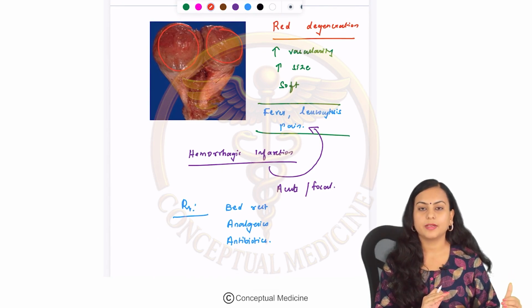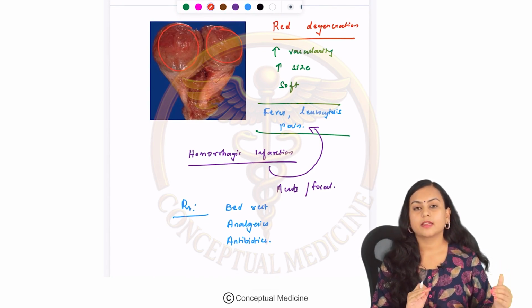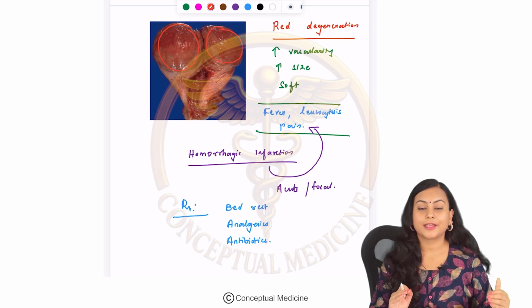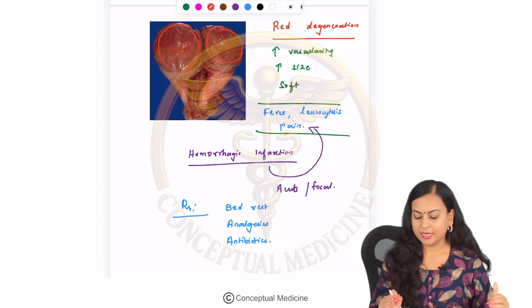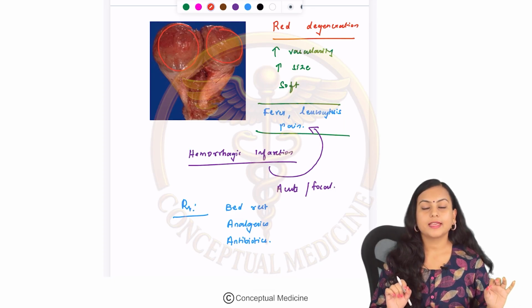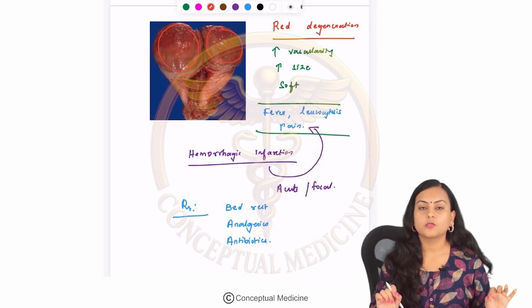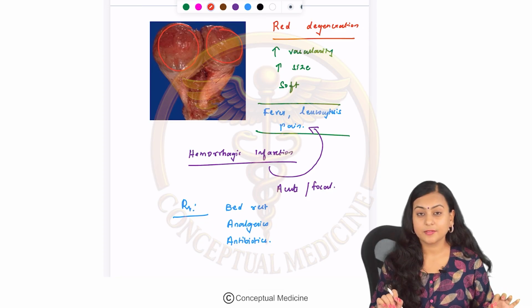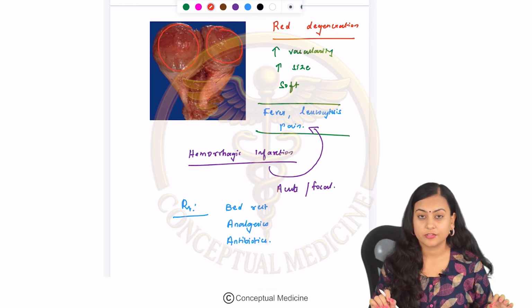A pregnant female who is in her second trimester came with acute abdominal pain, but there was absence of fever, and on investigation there was no leukocytosis. This means clearly the patient is not going to have a red degeneration, right?